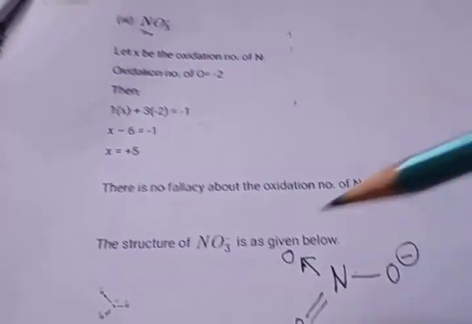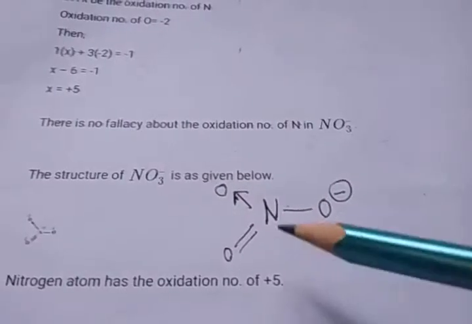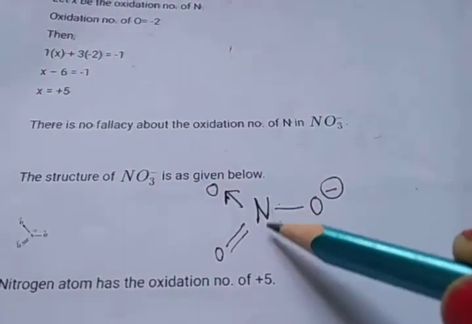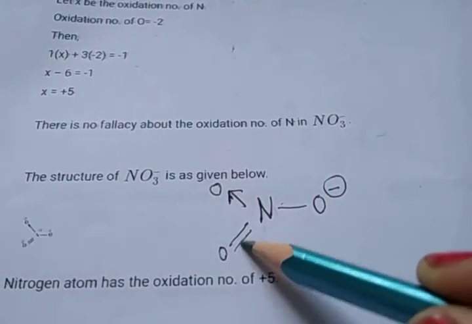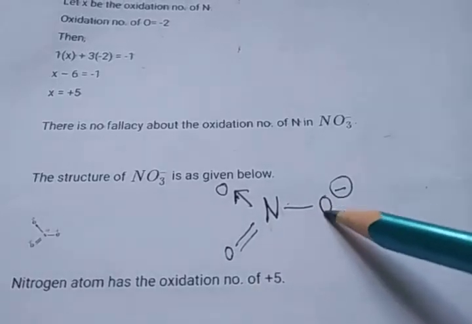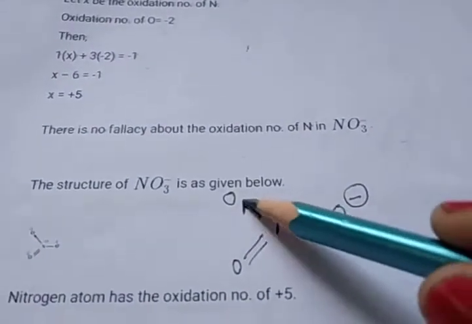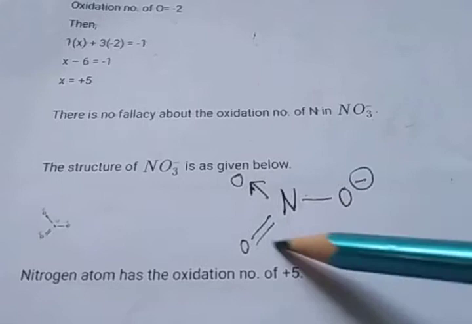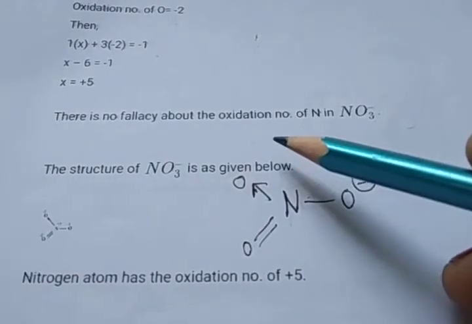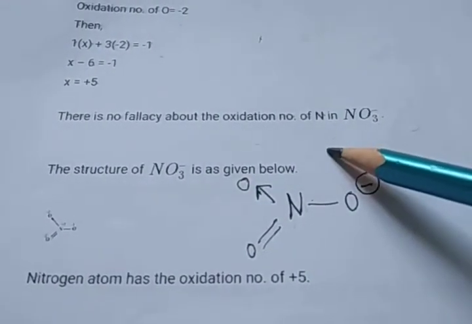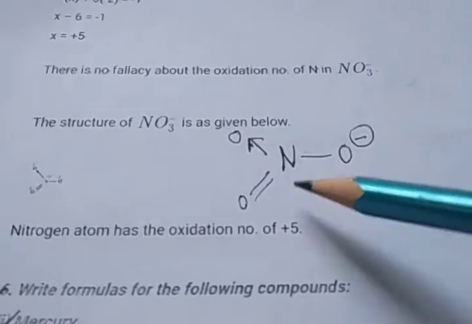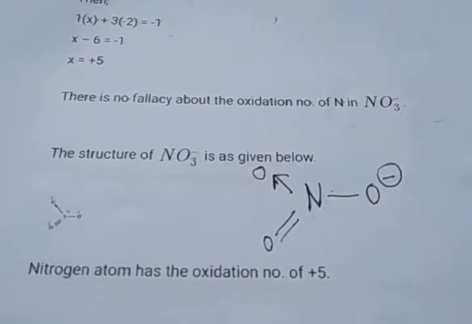The structure of NO3- has nitrogen attached to one oxygen by a double bond, one oxygen by a single bond, and one by a coordinate bond. So nitrogen has oxidation number +5. Okay, clear?